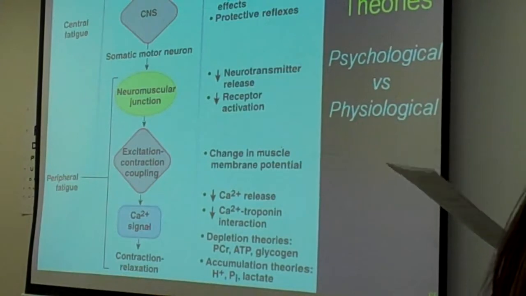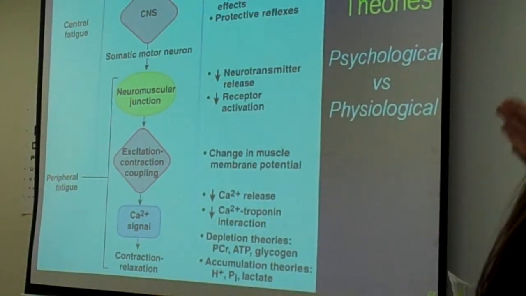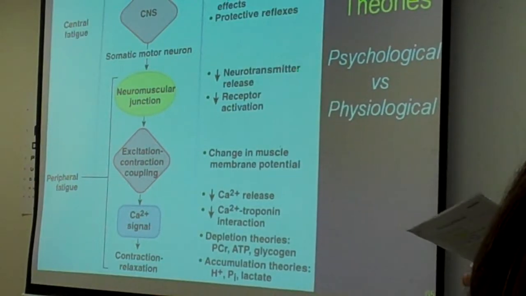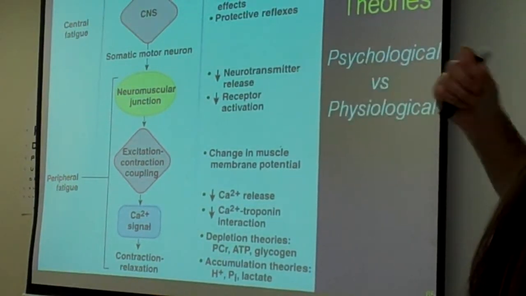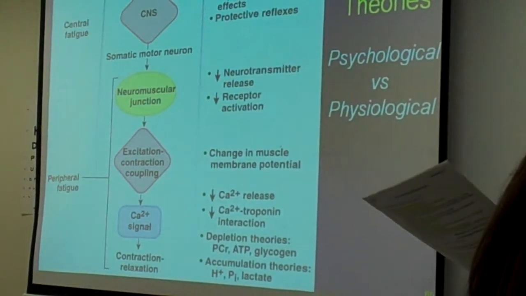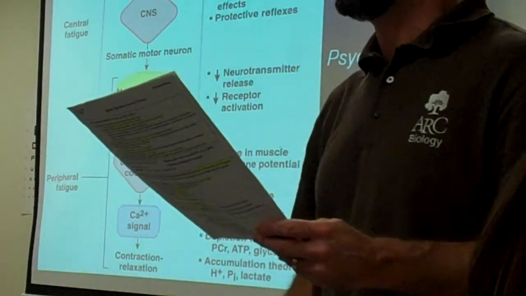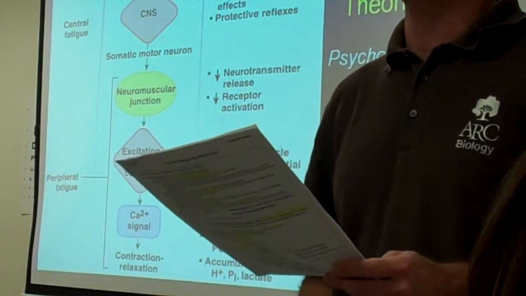Right? Those first 3 had to do with the muscle itself, the muscle fiber itself. And this last one has to do with communication between the muscle fiber and the motor neuron. This may be a problem at very high exercise intensities.